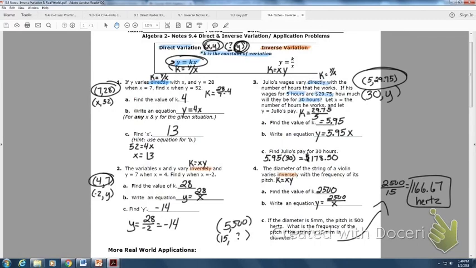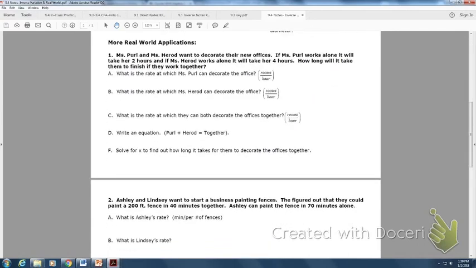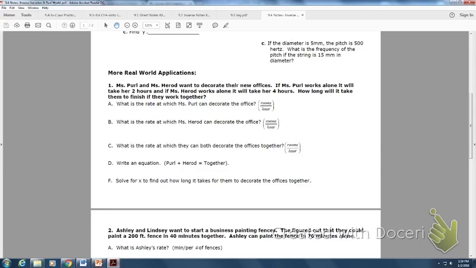So if you go down to the bottom of this page, some real world problems that you'll see. I kind of give a few of them different names just for the sake of giving the names, really.